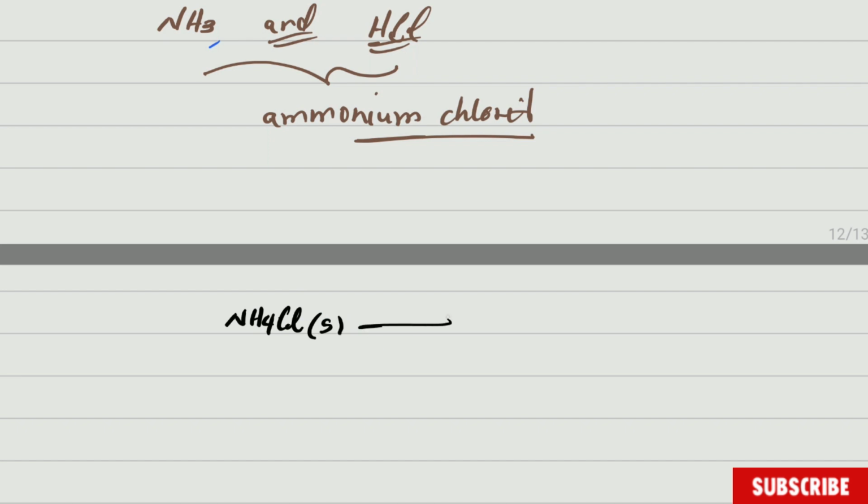It's going to dissociate in water in this way, so it can now form ions of NH4, which is ammonium, NH4 plus, plus chloride minus. Sorry, NH4 plus and chloride minus. That is what is going to form here.